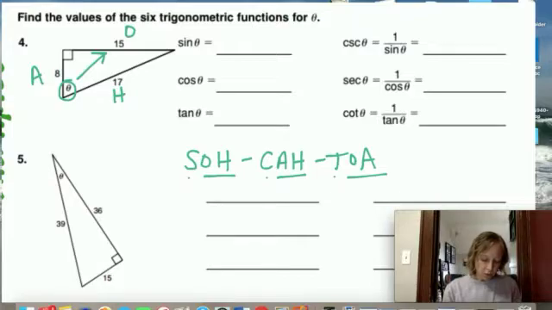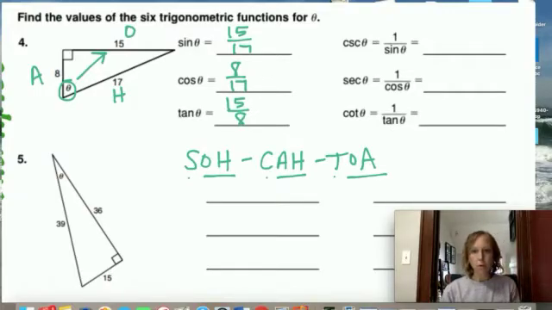All right, so sine, opposite over hypotenuse, is 15 over 17. There is no common factor, so I don't get to reduce. Cosine, adjacent over hypotenuse, 8 over 17. Again, it's already simplified. Tangent of theta, opposite over adjacent, 15 over 8.